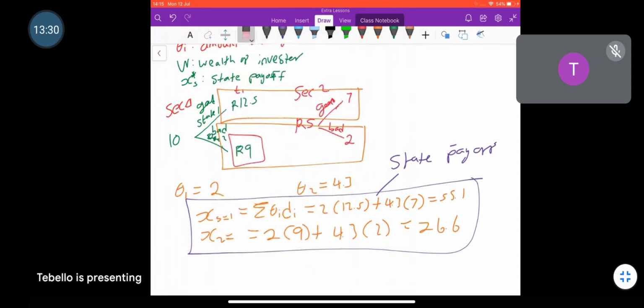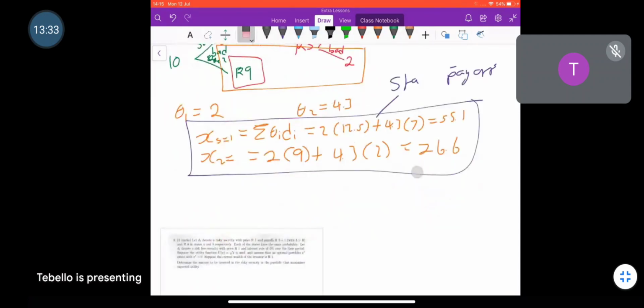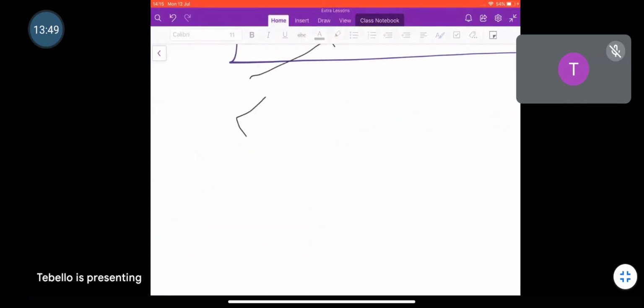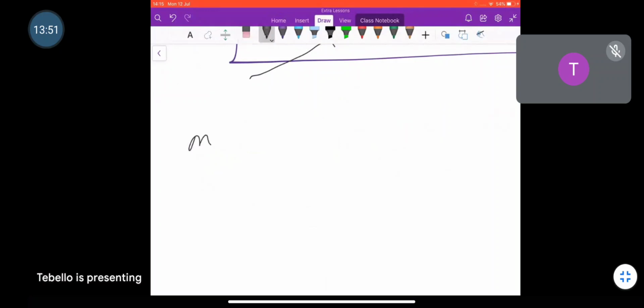So before we can go further, we are going back to our formula, to that equation. You're trying to maximize the expected utility in terms of payoffs, and you have a constraint.